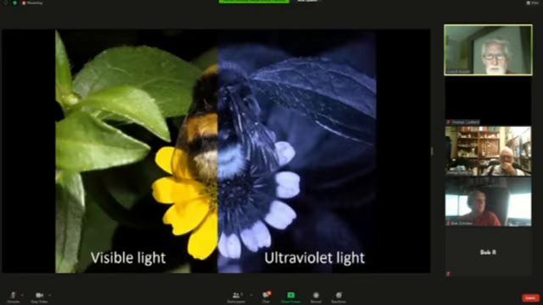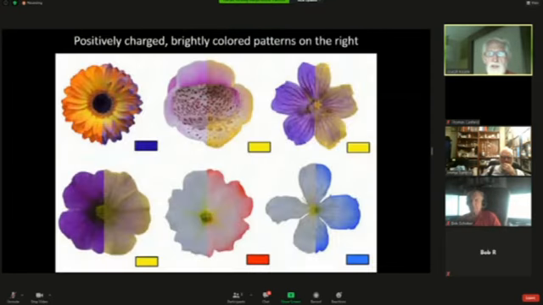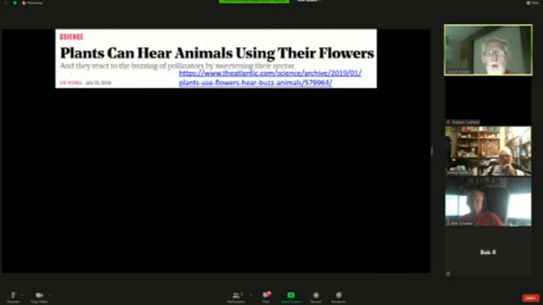And here as well. And in these, the left side visible, the right side ultraviolet light. So it's fascinating. Their world looks very different than ours. And we'll get back to this business of ultraviolet light in just a bit.